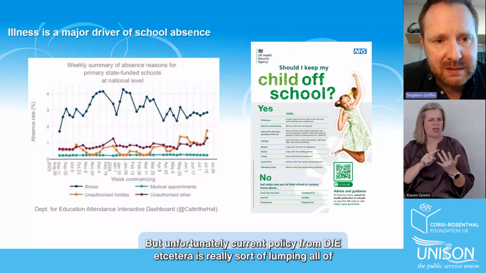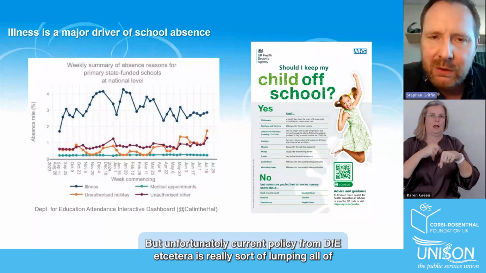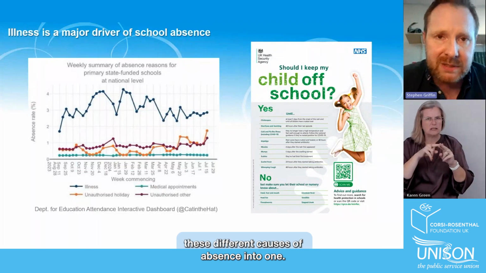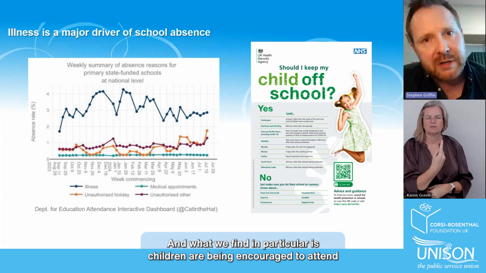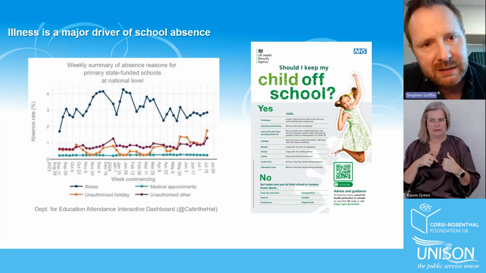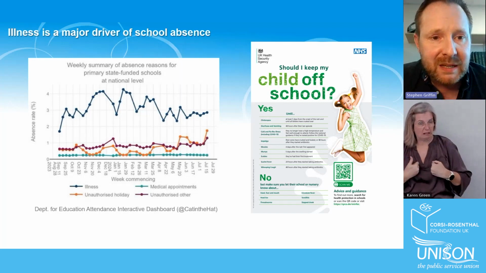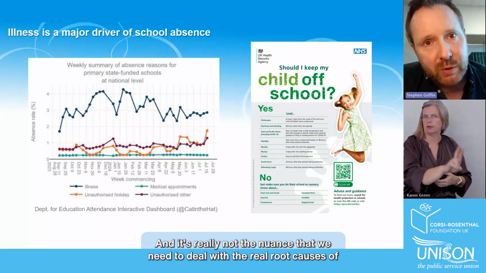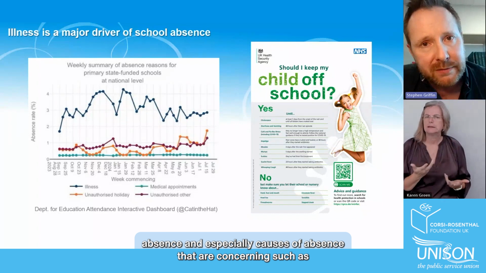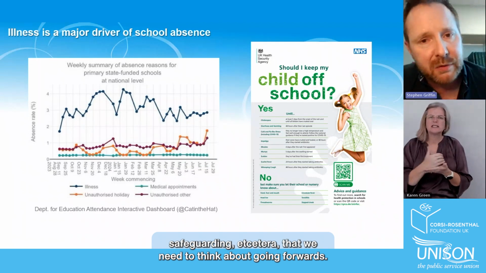But unfortunately, current policy from DfE and others is really lumping all of these different causes of absence into one. And what we find in particular is children are being encouraged to attend school while still ill. People with chronic health conditions are still encouraged to attend school. And it's really not the nuance that we need to deal with the real root causes of absence, especially causes of absence that are concerning, such as safeguarding, that we need to think about going forwards.